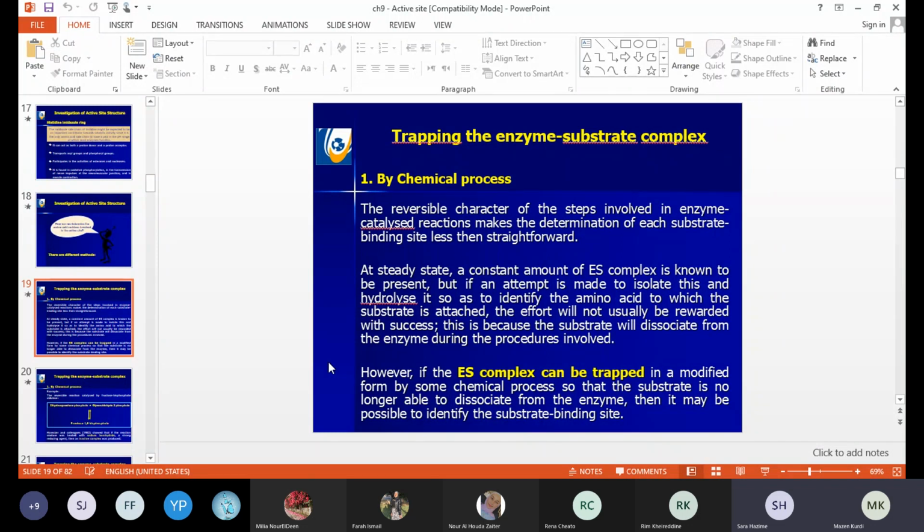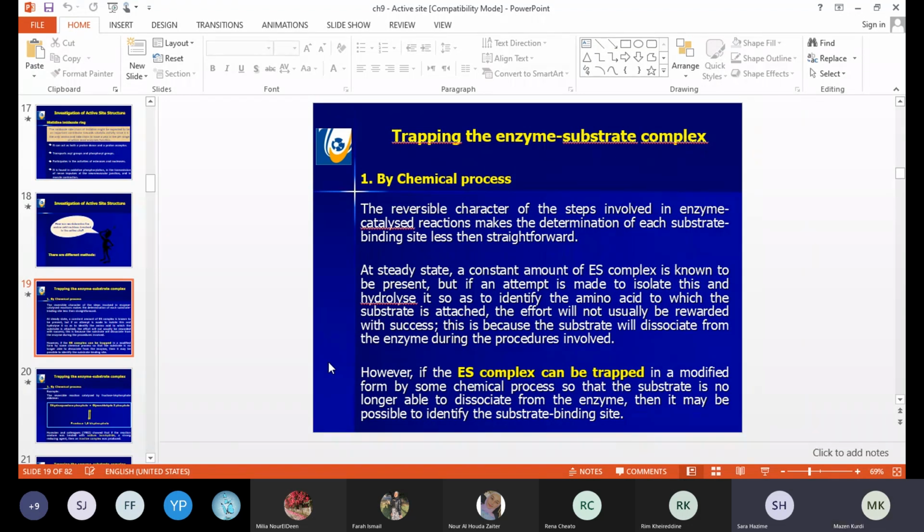In fact, once you can isolate the ES, you can study what the amino acids involved in the binding between the E and the substrate are. If I cannot isolate it, I cannot know anything; I will not know how the interaction between the enzyme and the substrate was. So we can do this by some chemical process, and we will see what we mean by chemical process.